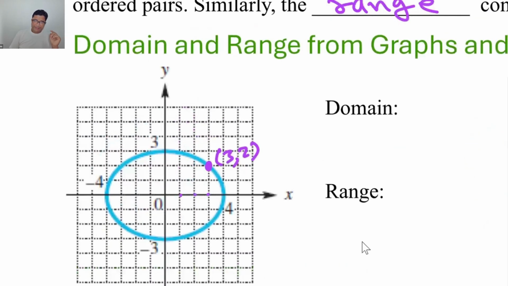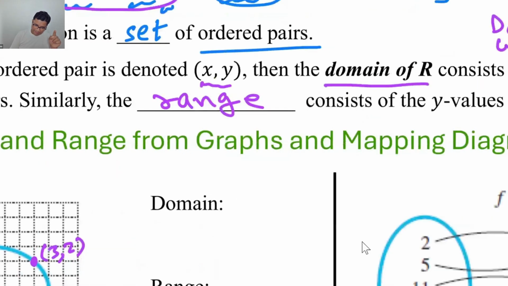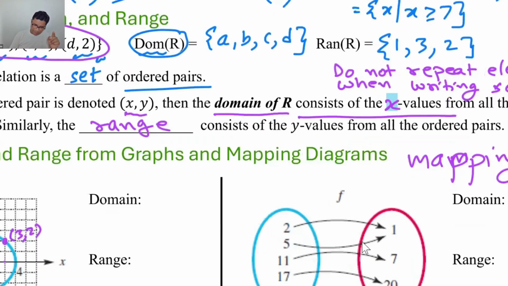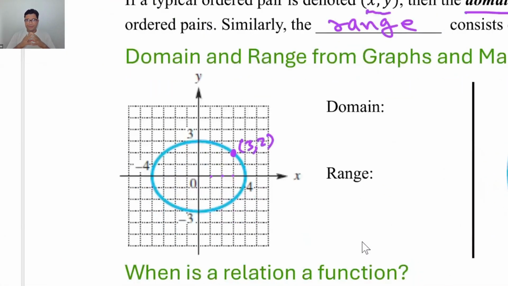Now, what is the idea of domain? The x values, right? We said here, the domain consists of x values. So look at this. What are the x values? On this side, -4, I'm circling that, and 4 here, including, right? It's touching that line point.